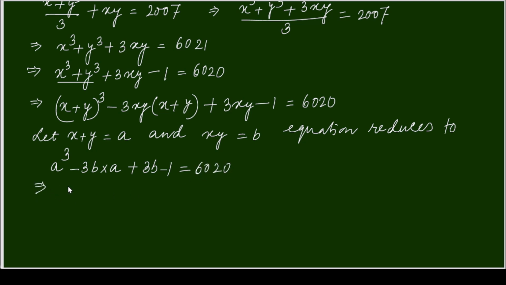Or it is a³ minus 3ab plus 3b minus 1 is equal to 6020.